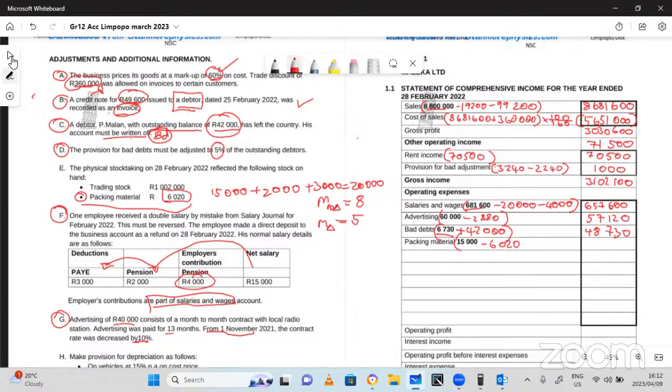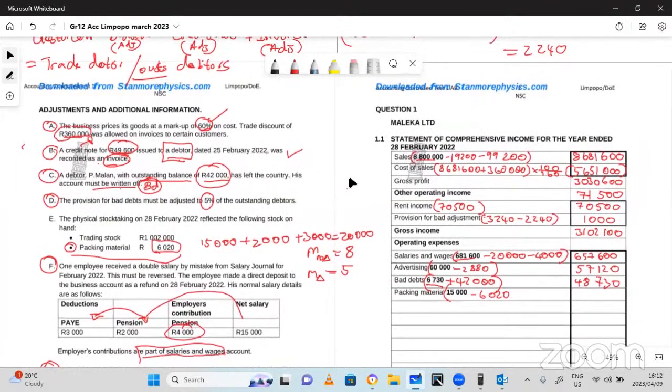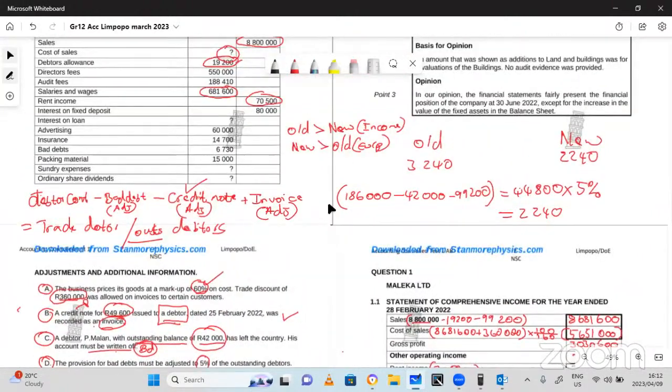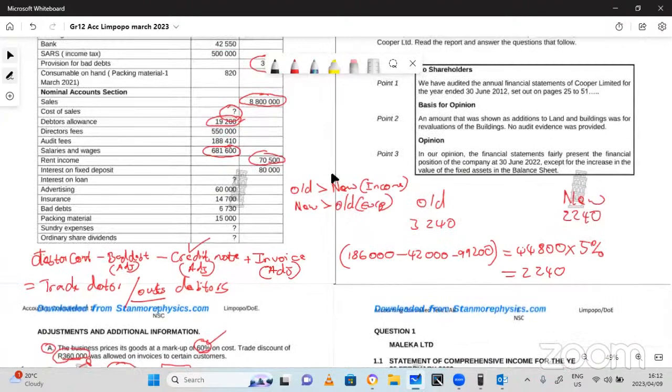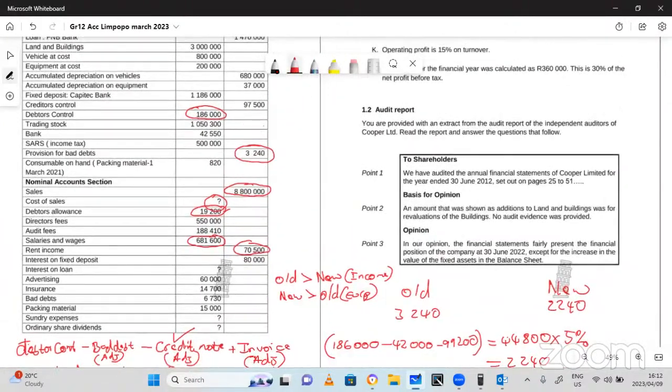So if we had an opening balance on our packing material, that means this year when we were in operation, we have used it as well. So we will start with the old one to use. So we check, did we have the old material balance? You go to your balance sheet section and there it is over there.